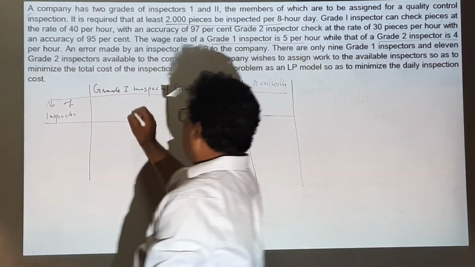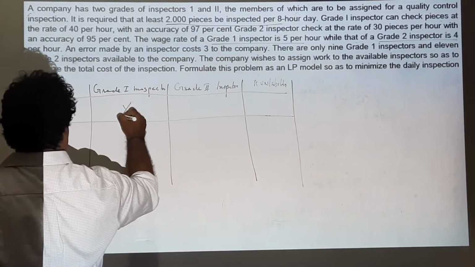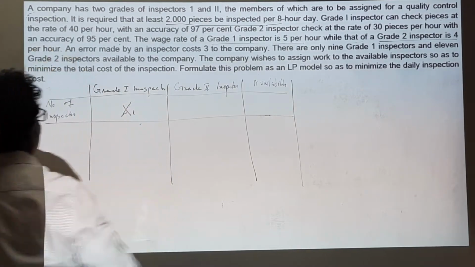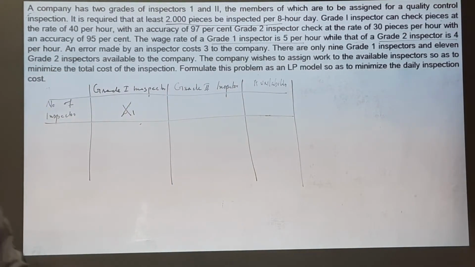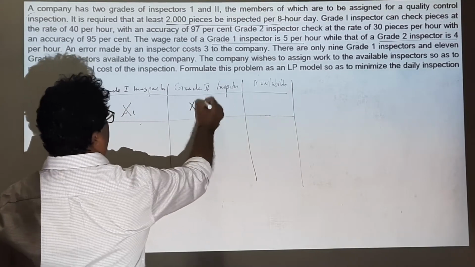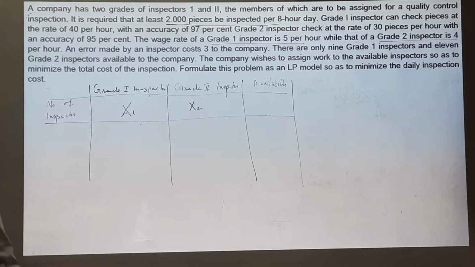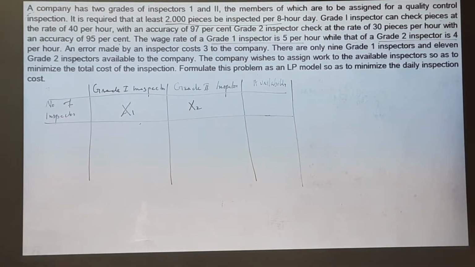So I am just taking x1 as the grade 1 inspectors and x2 as the grade 2 inspectors to be employed by the firm.